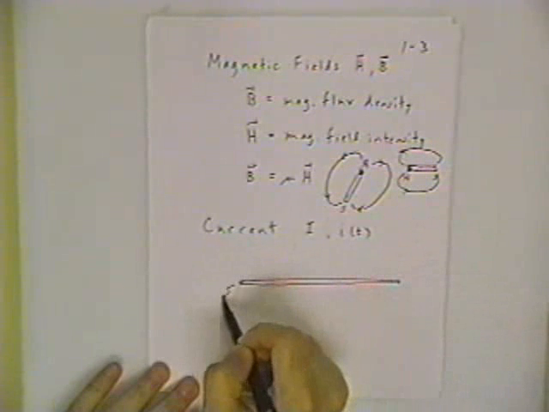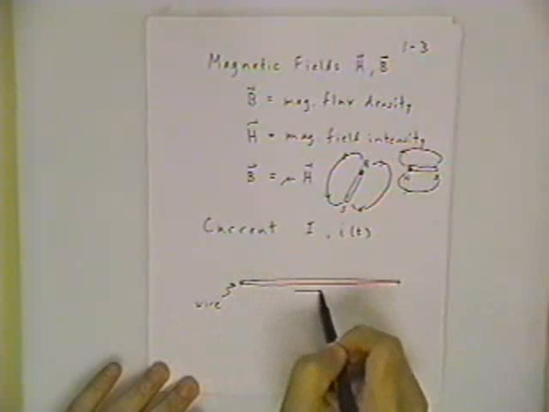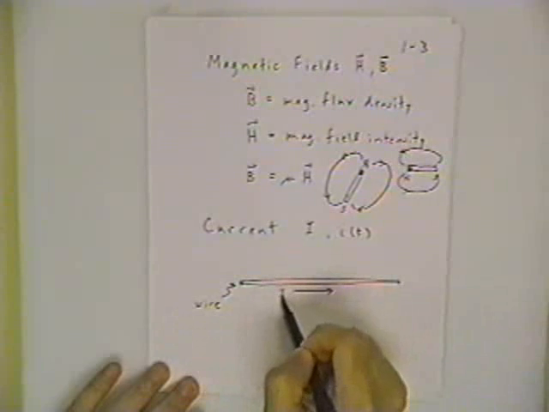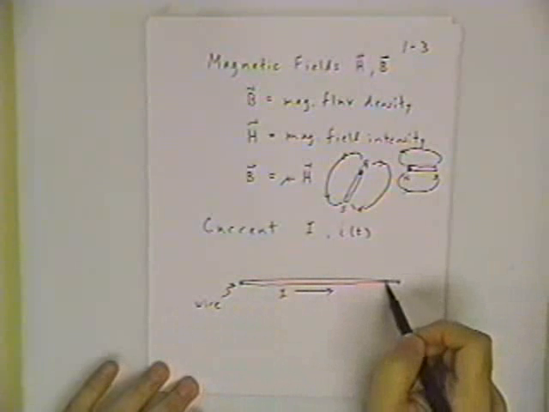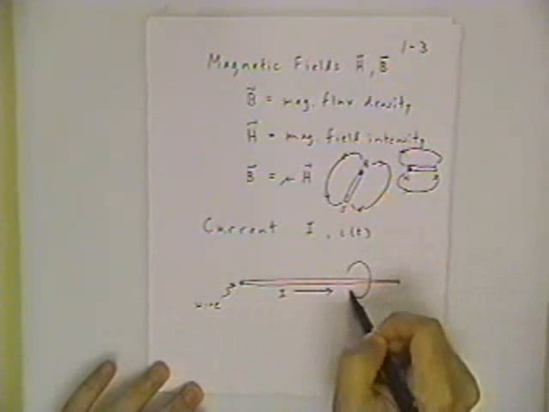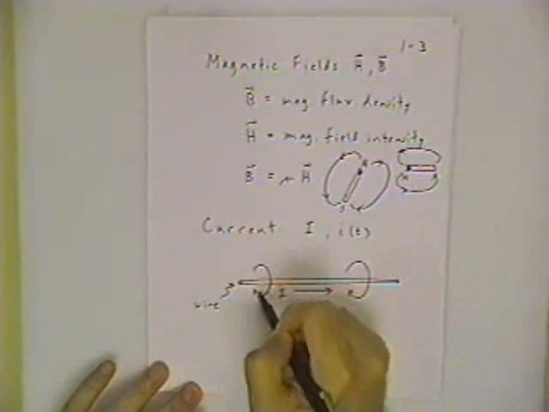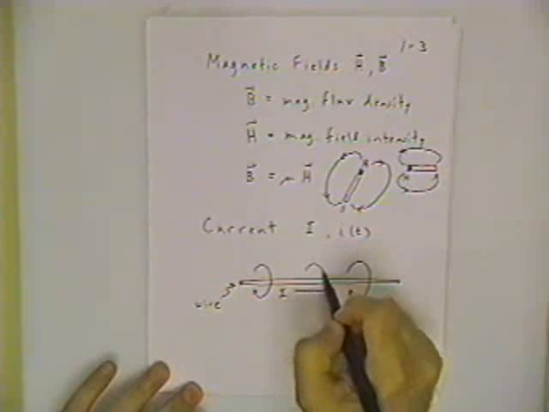It says if we have a conducting wire that has in it a current I, that wire is going to be surrounded by magnetic field lines. Now, I'm going to draw a couple here, but you'll have to imagine that this wire is completely surrounded by magnetic field lines.